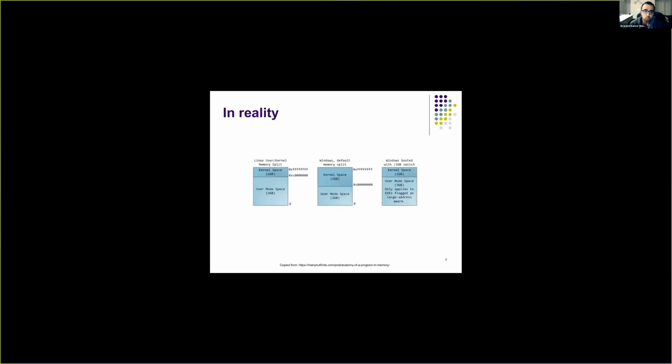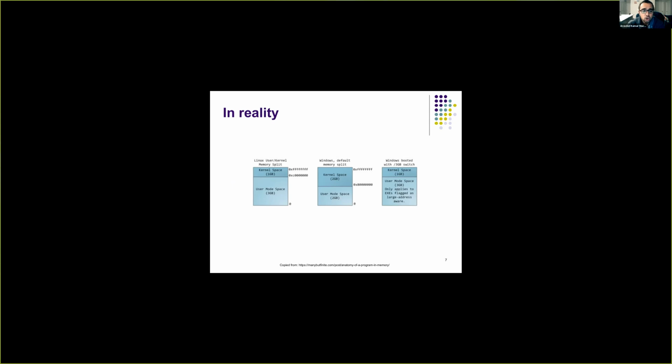However, in reality, what happens is the operating system actually gets mapped to every process's virtual address space. Okay, so let's look at a kernel, for instance, the Linux kernel. Consider a 32-bit address space.